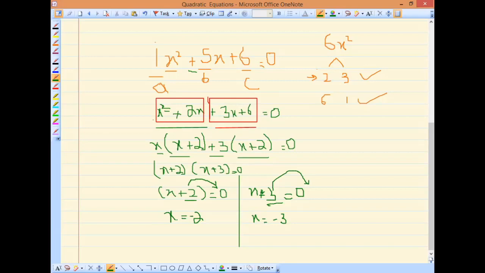So here we will write minus 2 and minus 3 because we are changing the side. So here we have the answers for our question, and here are the two possible values of x.